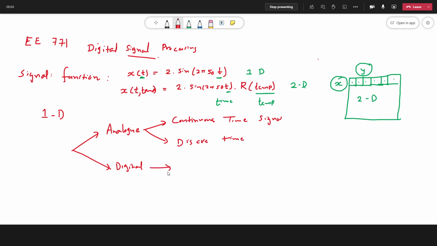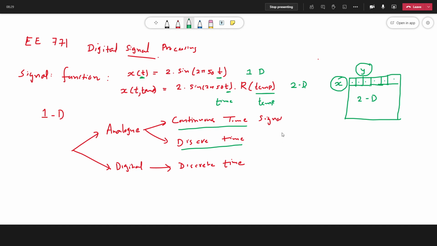But the digital information or digital signal cannot be a continuous signal. It is always discrete time in nature. So what do we mean by these two terms, continuous time and discrete time?